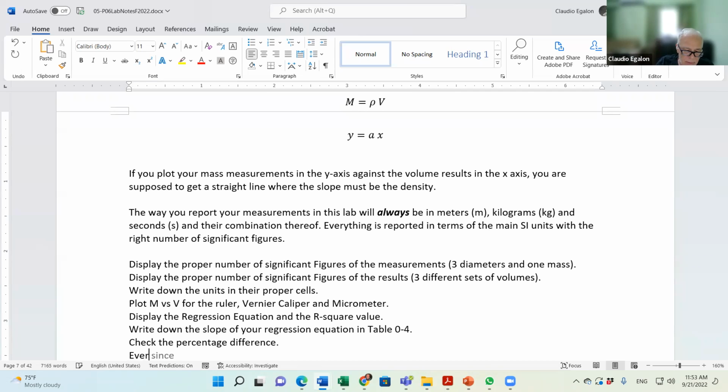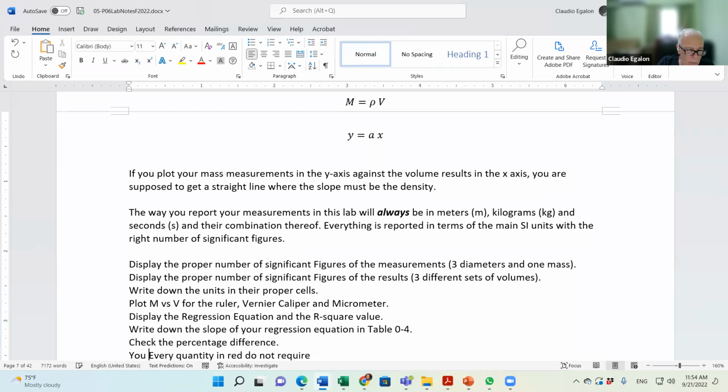Okay, every quantity in red does not require significant figures.